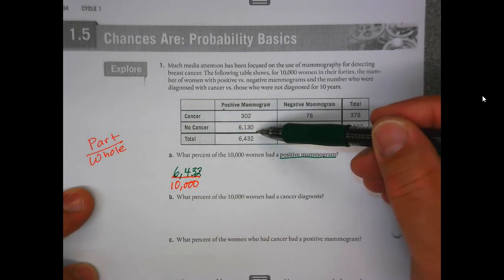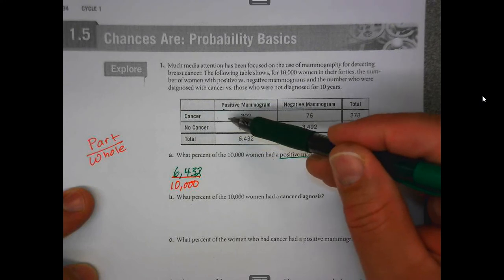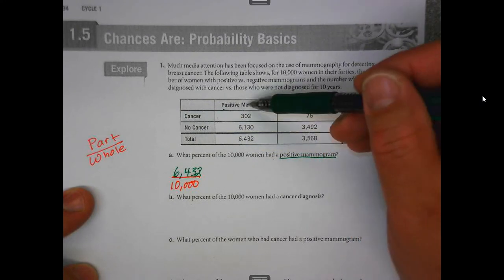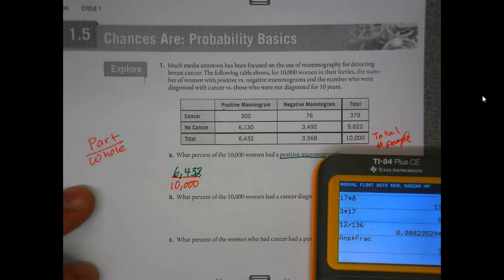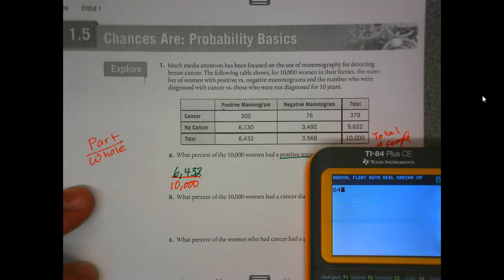Just because it says no cancer here doesn't mean that they didn't test positive. So if you take my calculator, take the 6432 and divide it by the 10,000, I get 0.6432.